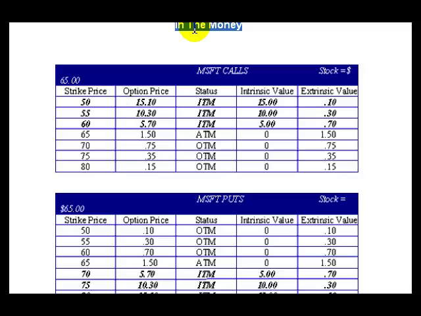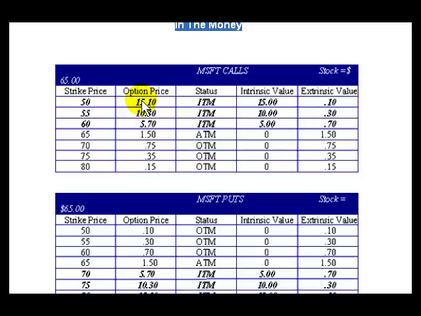So in our Microsoft example, which you just saw, an in the money call option would be any listed call option with a strike price below $65, as you can see here, which is the price of the stock. So the MSFT January 60 call option would be an example of an in the money call.